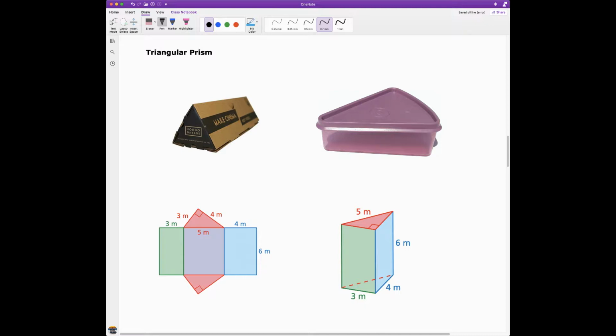And so the difference between a triangular prism and a rectangular prism is that in a triangular prism, your bases are triangles.